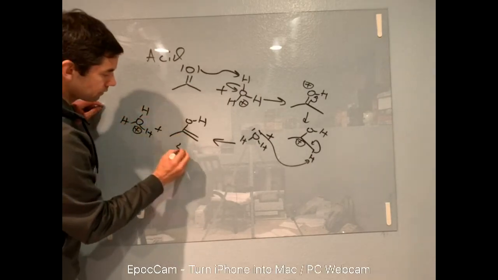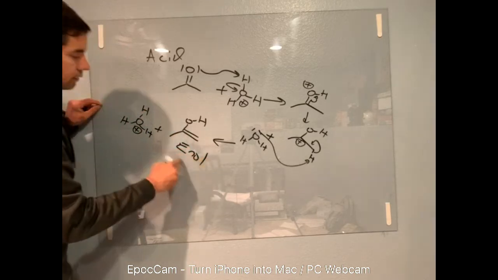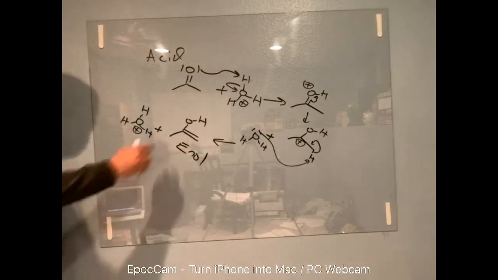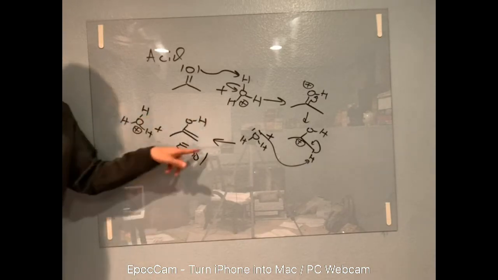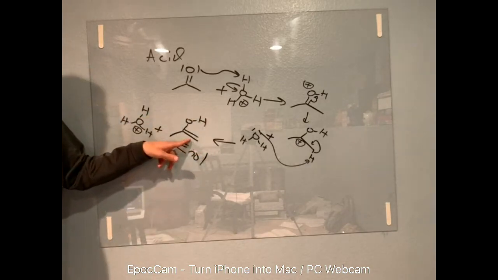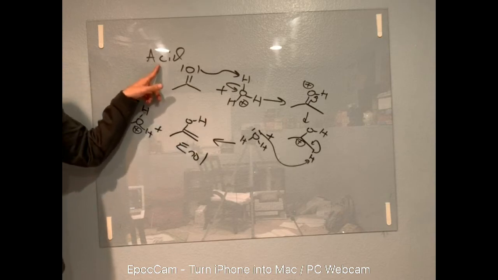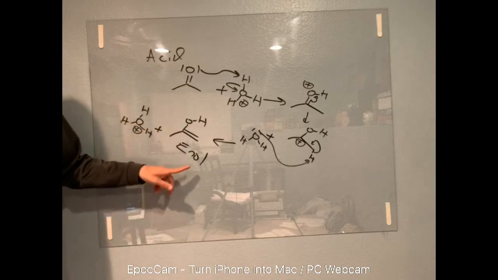Plus we get this, what? This is our enol. We made our enol. Notice I have this double bond directly attached to this OH group. We'll use this to do some chemistry. This is the acid catalyzed version, using acid to make our enol.